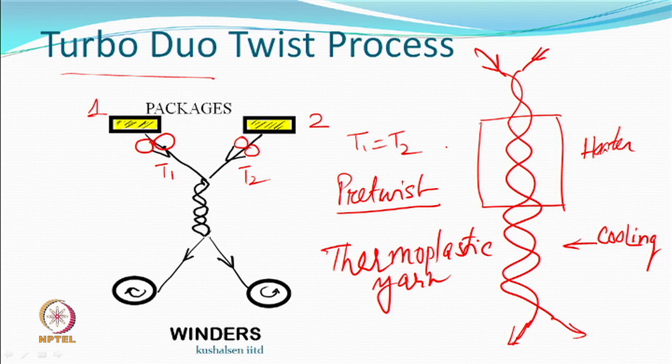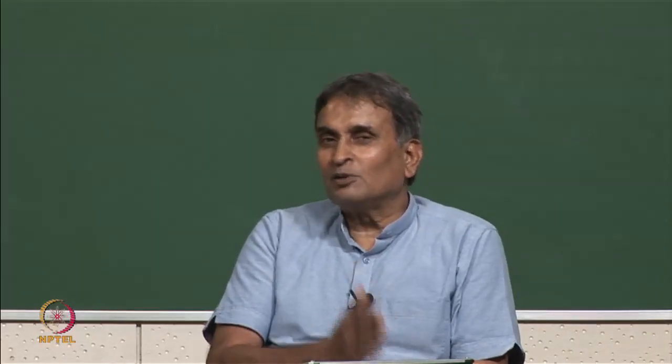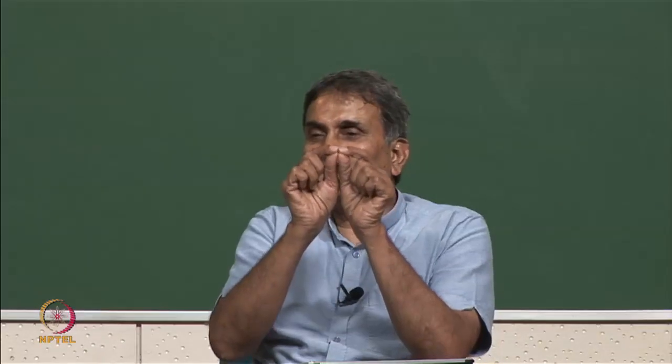If T1 is higher, then this whole zone is going to be pulled towards one side. If T2 is higher, this will be pulled on the other side, and if they are same, this point will remain exactly, approximately, theoretically exactly same.